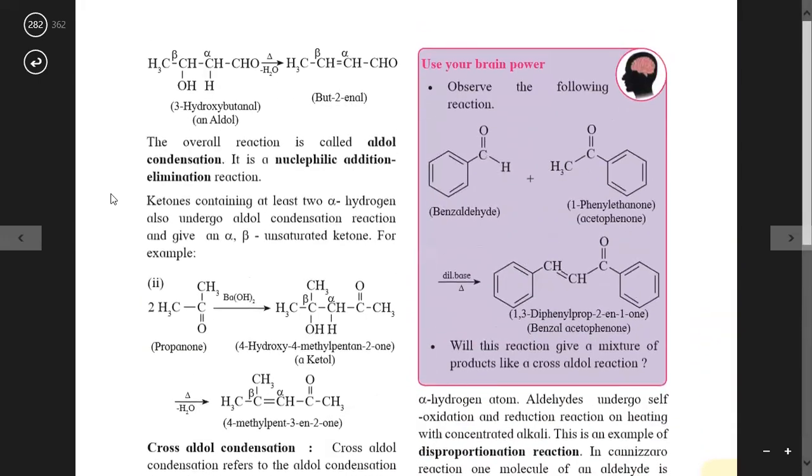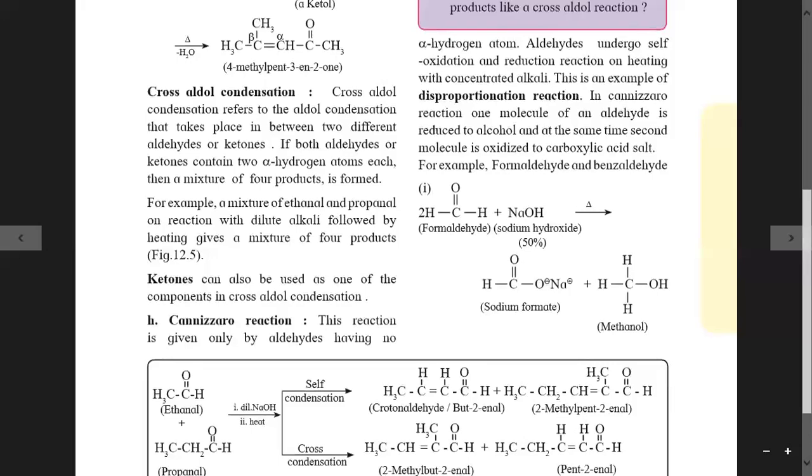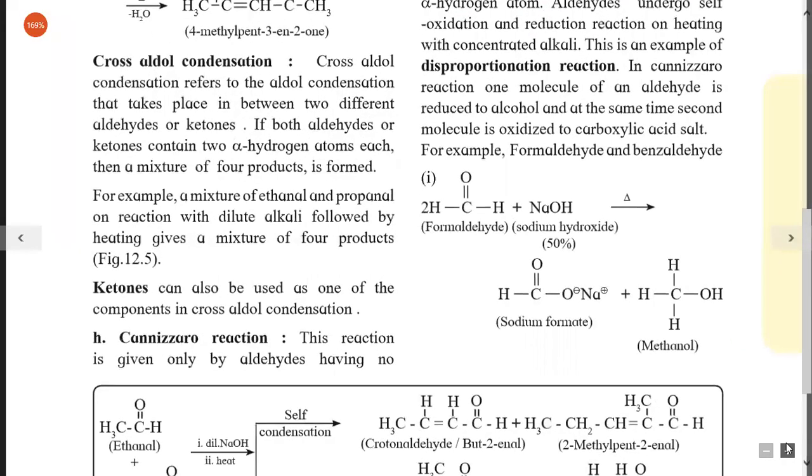It has exactly opposite conditions to those of aldol condensation.